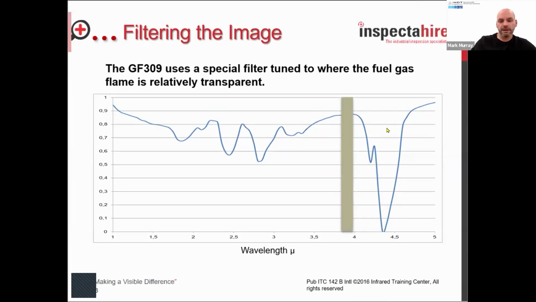So in this case, we're looking at the point in the wavelength of a clean gas flame where it's least absorbed. And what that does is it makes our clean gas flame in our furnace appear almost invisible to the camera. So it blocks out that particular wavelength and makes the flame disappear more or less.